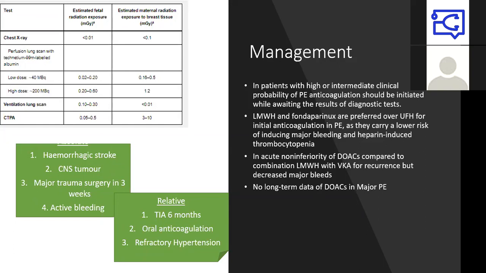But realistically, in pregnancy, CTPA is actually inferior. It doesn't give you as good quality images, and it's less diagnostic. So VQ scan is always the way forward, and the risks to the baby, whilst slightly increased, are still incredibly low. So VQ scan all the way.